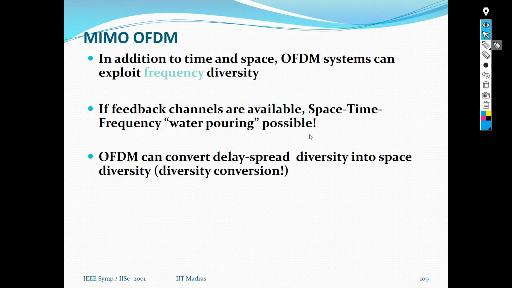So, MIMO-OFDM, in addition to time and space, an OFDM system can exploit frequency diversity. If feedback channels are available, space-time-frequency water filling is possible. OFDM can convert delay spread diversity into space diversity, which we call diversity conversion. And OFDM can coexist with MIMO seamlessly and nicely.